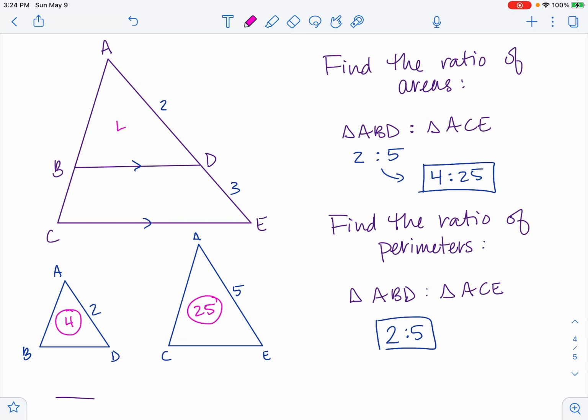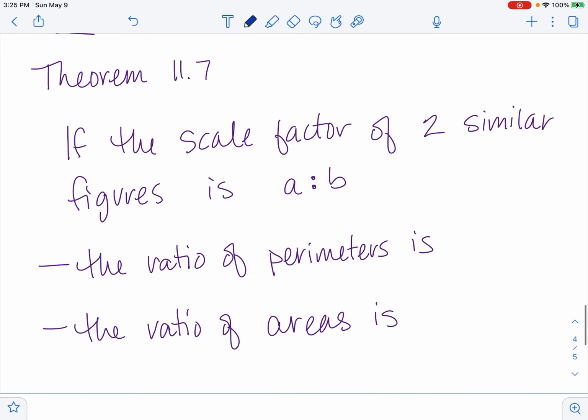If this top area is 4 parts and the entire big triangle is 25 parts, then the trapezoid on the bottom here is 21 parts. We're going to see a lot of questions like that where you have to break it up first and then go backwards.